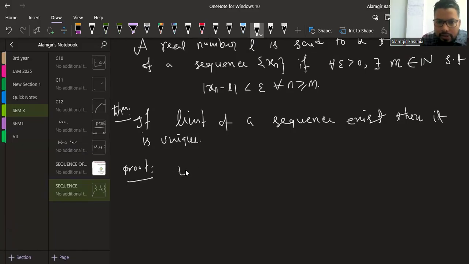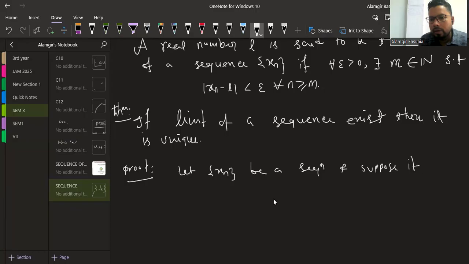Let xn be a sequence, and suppose it has two limits, L and L prime.